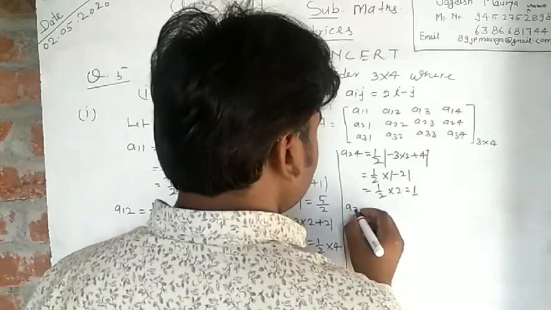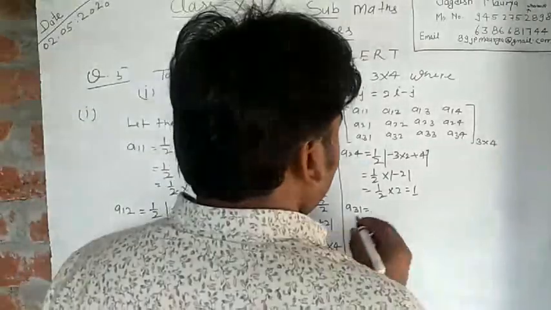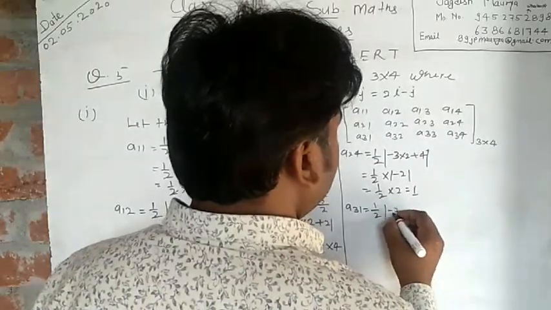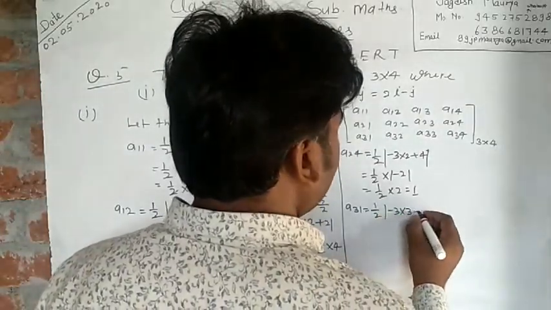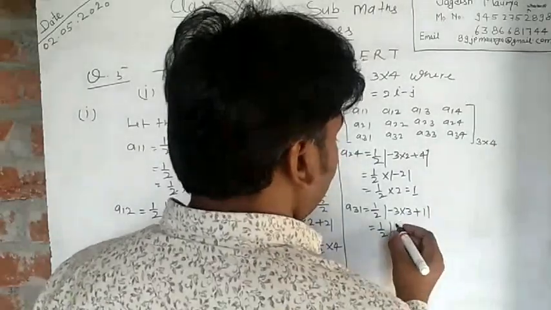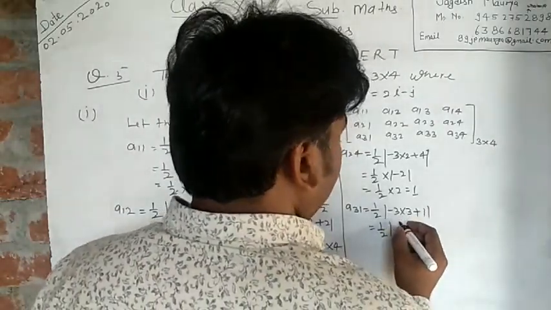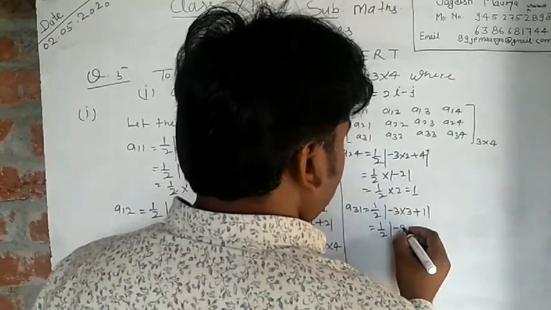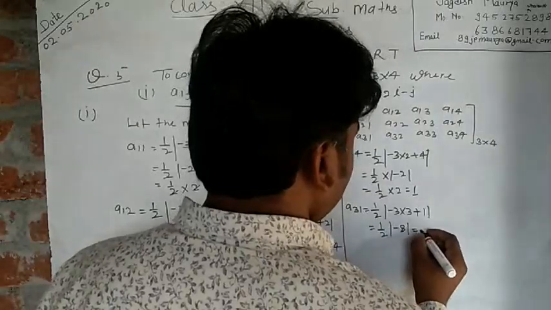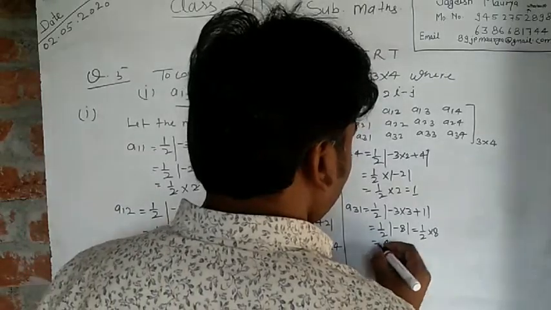A31: 1 by 2 mod of minus 3 into i equal to 3, j equal to 1. This will come 1 by 2 mod of minus 3 into 3, minus 9 plus 1, minus 8, mod minus 8 means 8. This will come 1 by 2 into 8 equals 4.